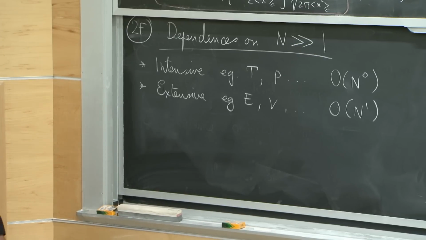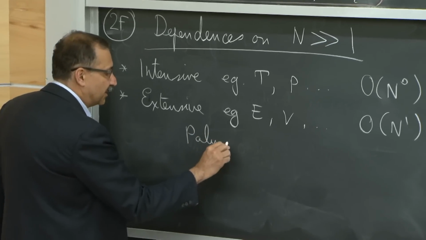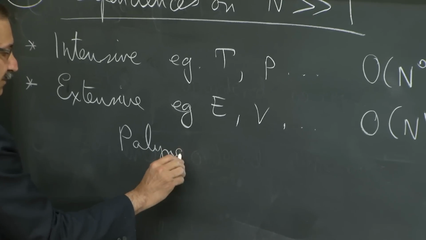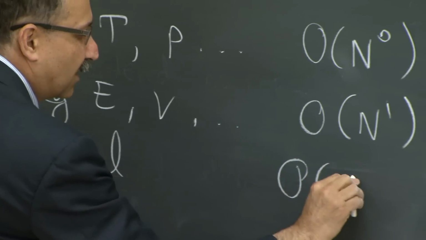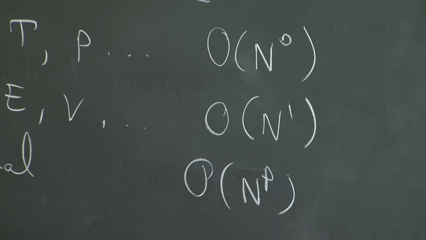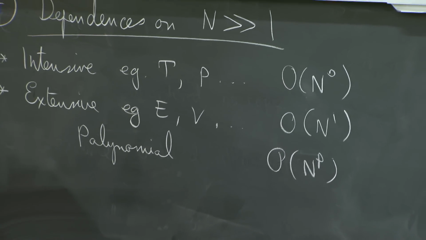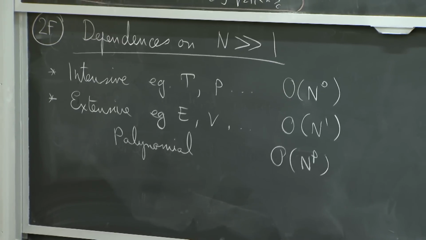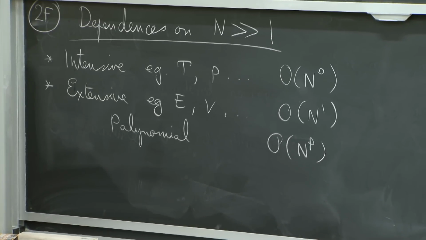We can certainly imagine things that would in principle be polynomial, of order n to some power. Like if I have n molecules of gas and I ask how many pairs of interactions I have, it's n(n minus 1)/2, for example.